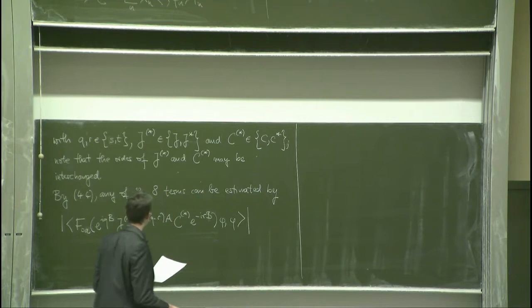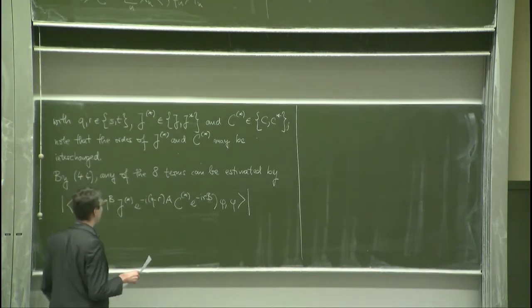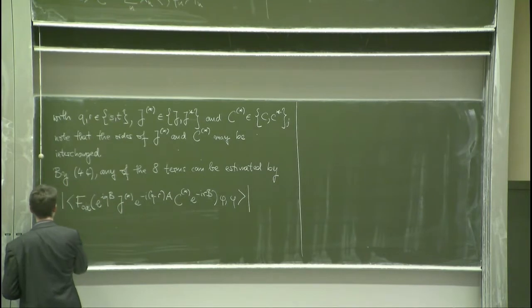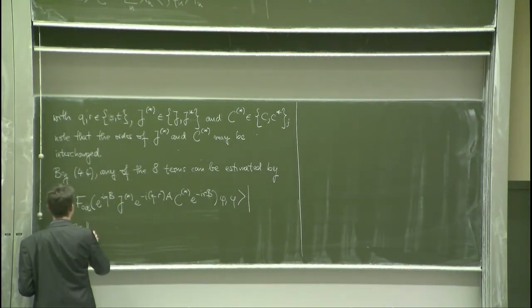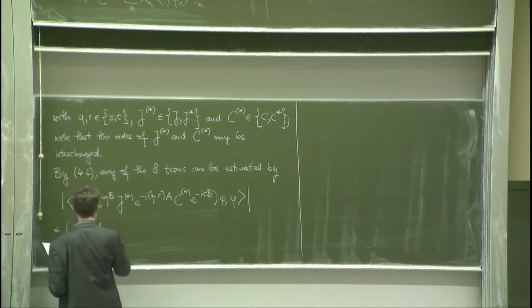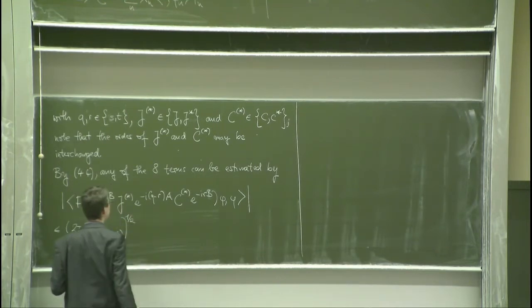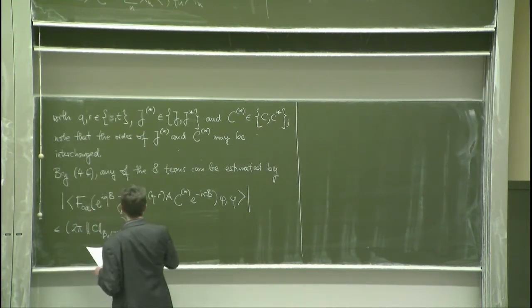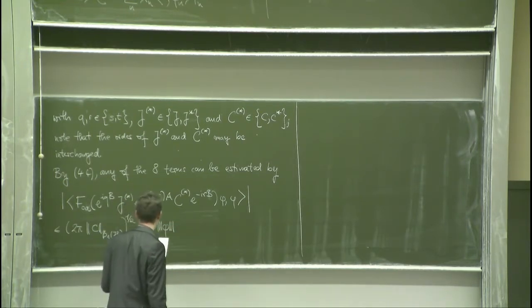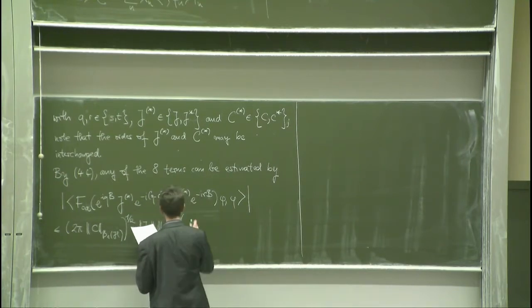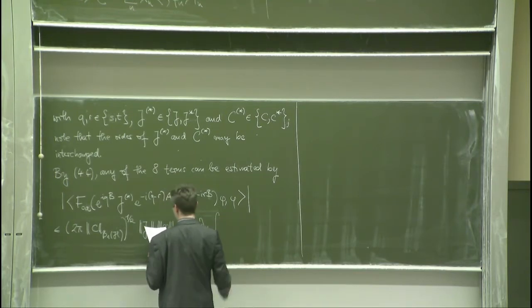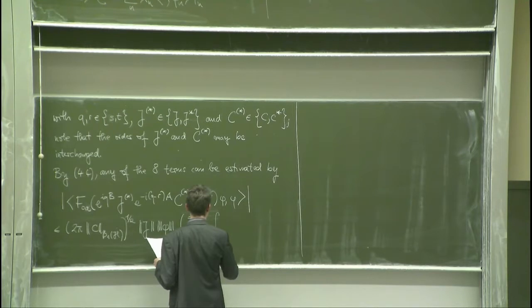This absolute value here can be estimated in the following form by the square root of 2 pi times the norm of C in the trace class, and the square root of this. Yeah, then we have the norm of J and the triple norm of phi, and then we have this term with the sum over n in N, lambda n, and here we can integrate over the minimum of q and r to infinity.